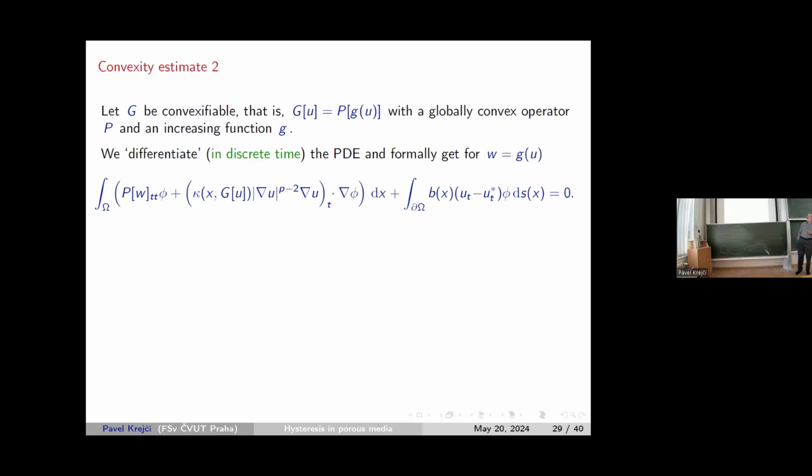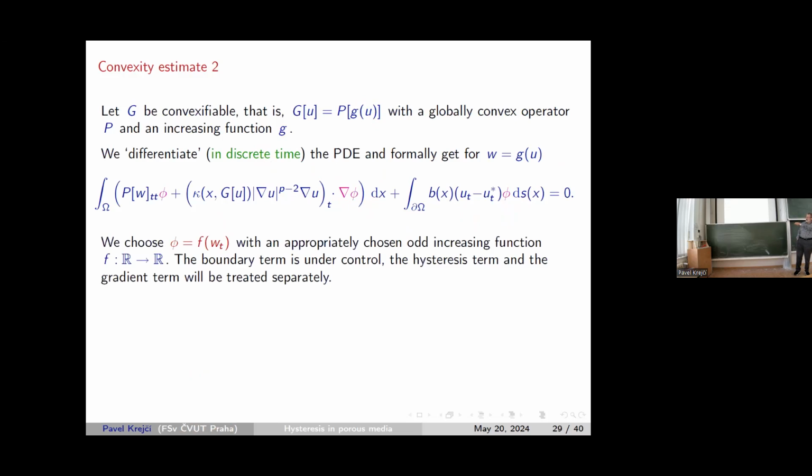Now we do the same trick as for the convex operator, but we differentiate still in discrete time, so the second derivative is not the second derivative, it is the second difference. We differentiate the equation by the test function phi, and we test by a function f of w.